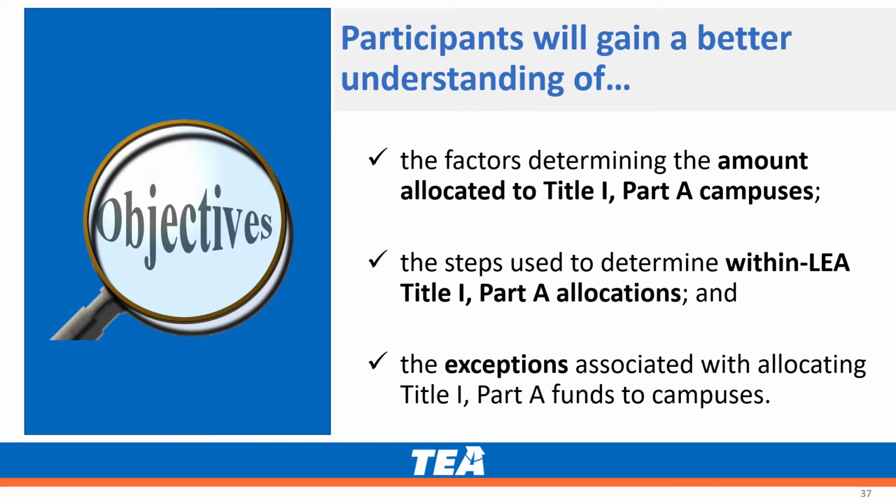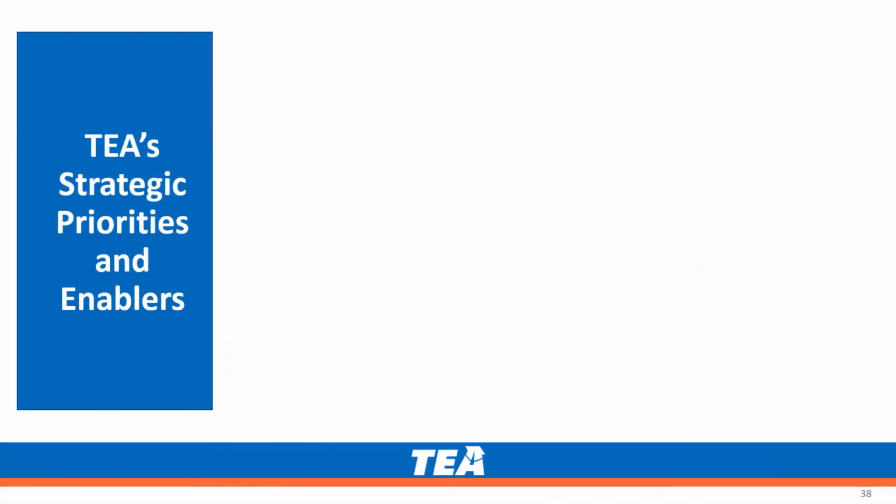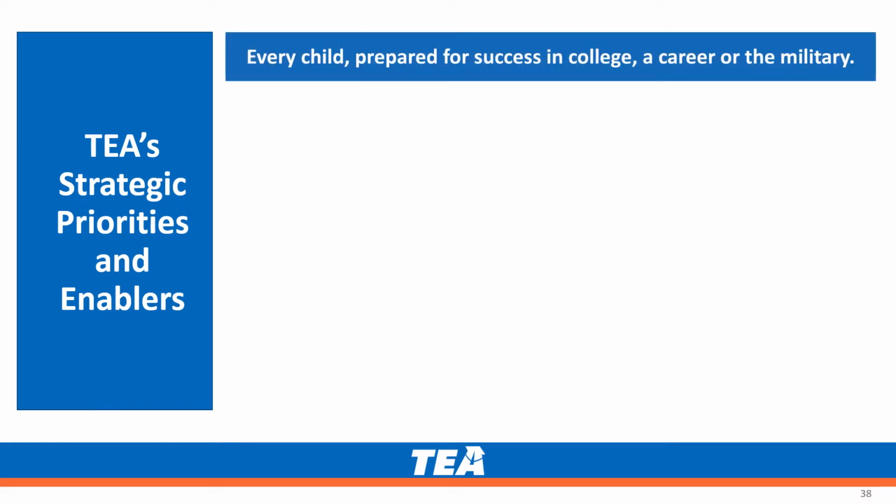At the Texas Education Agency, everything we do is through the lens of the strategic priorities and enablers. We believe that it is our responsibility to ensure that every child is prepared for success in college, a career, or the military.